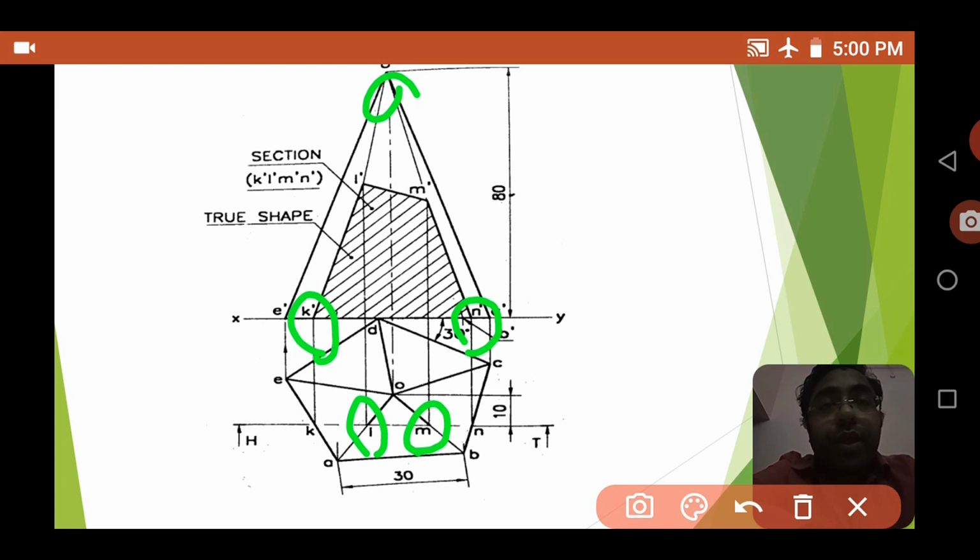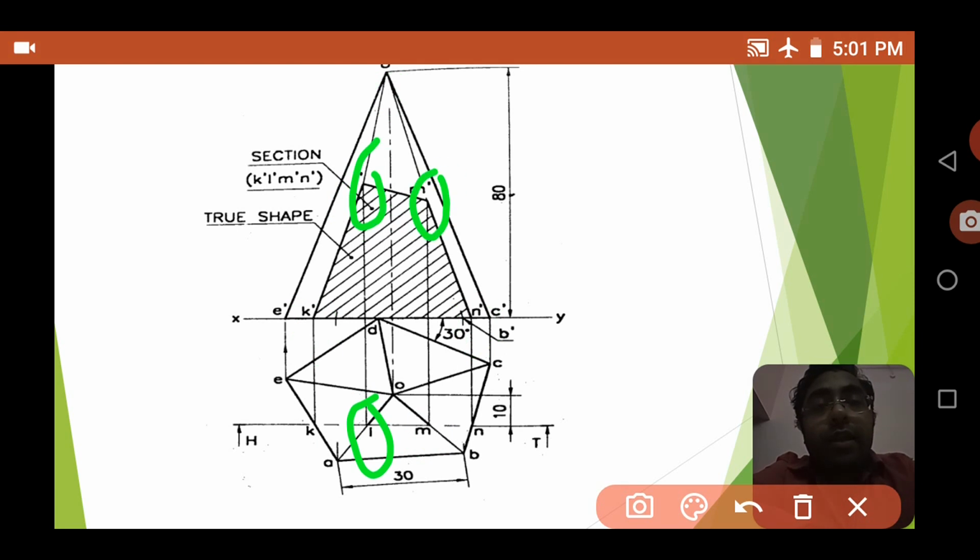From there you can see that L is crossing, and when you draw a vertical line from L straight to O, you can see the point L dash, and if you draw M straight to O, you can meet M dash. So these points are L, L dash, M dash, and M.